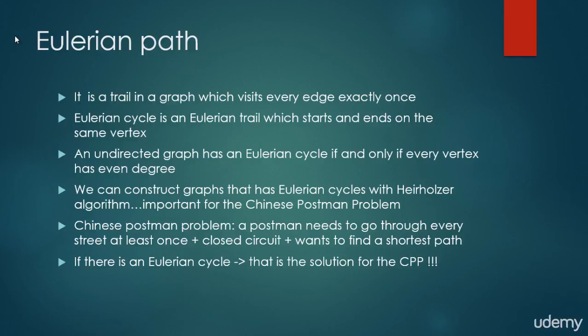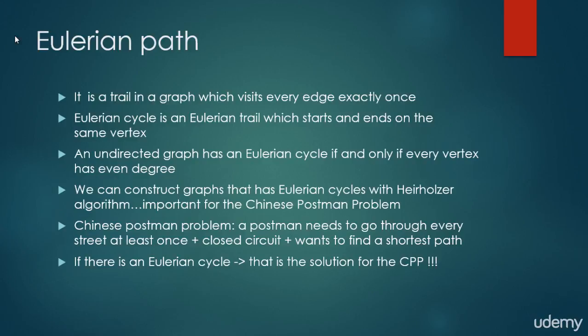An Eulerian cycle is an Eulerian trail which starts and ends on the same vertex. An undirected graph has an Eulerian cycle if and only if every vertex has even degree. The degree is the number of edges that are coming out of or going into this vertex.